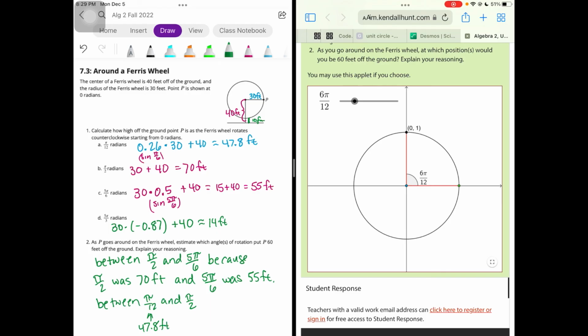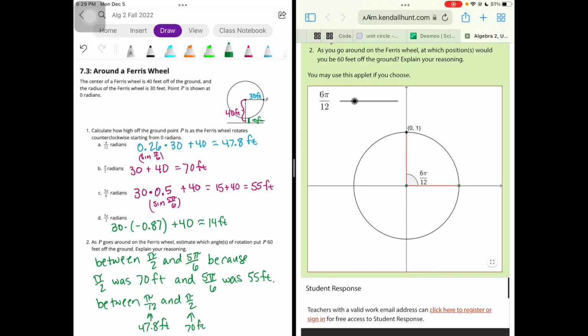And pi over 2 was 70 feet. Right, and so if we look, we're looking for 60 feet, and we know that the original height was 40, so we need to add another 10 to that height. No, another 20, sorry, to that height.